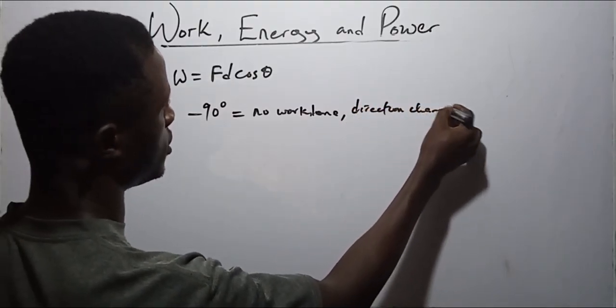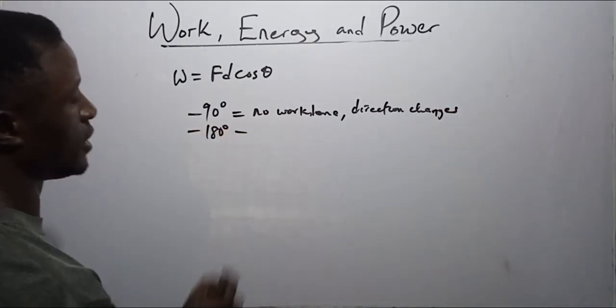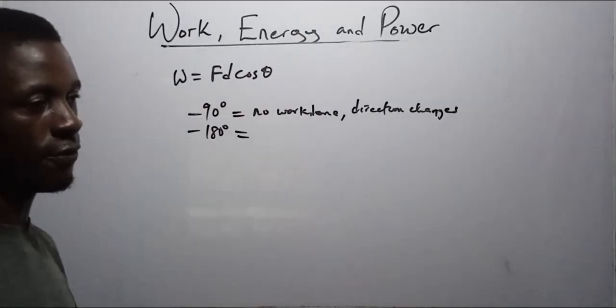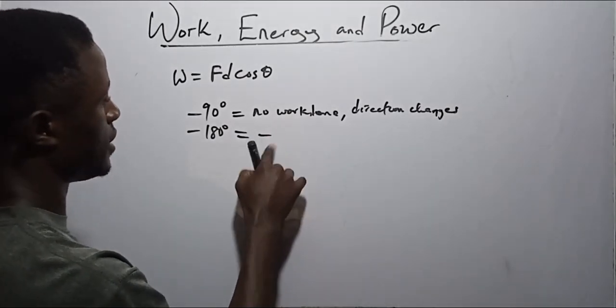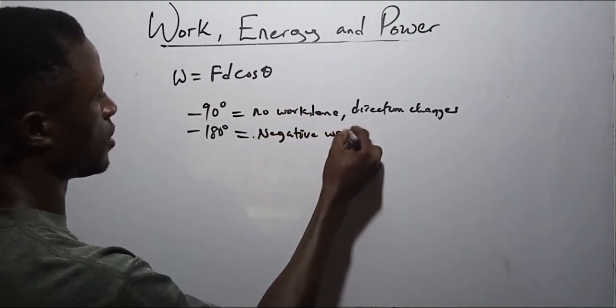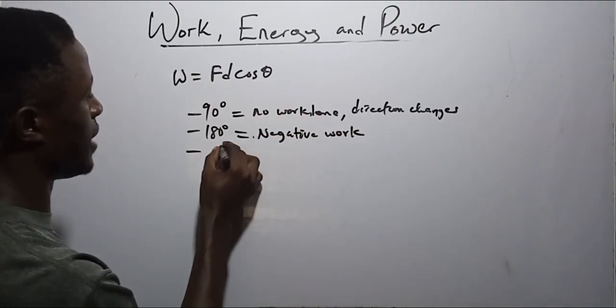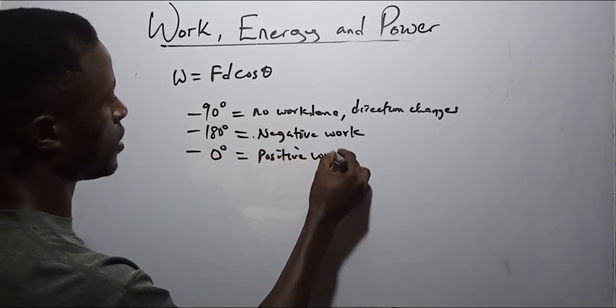Then if it is 180 degrees, what happens here? If your force is applied at 180 degrees, it's going to be negative work. Now, if it is 0 degrees, this is going to be positive work.